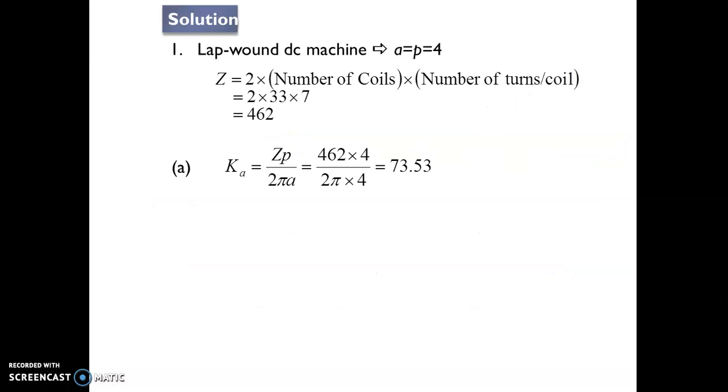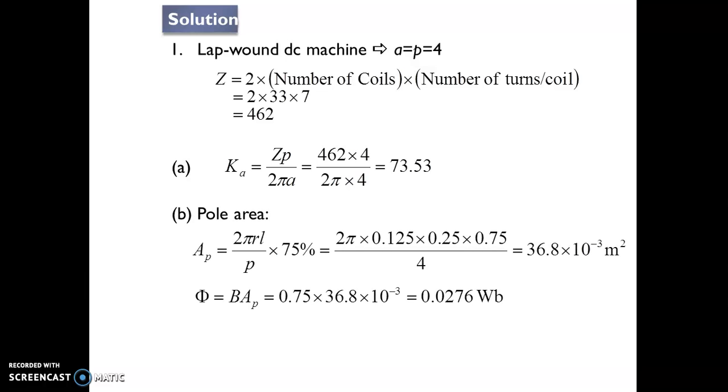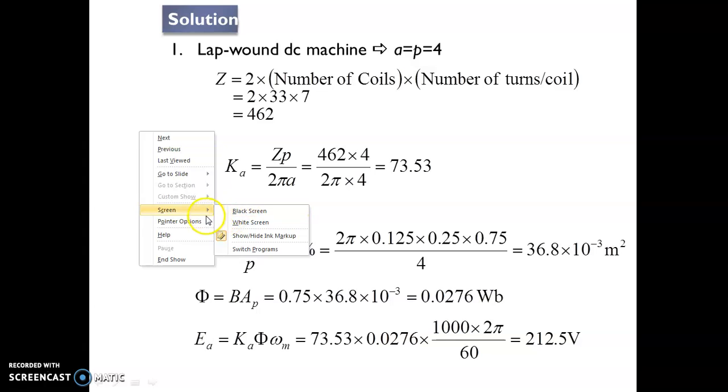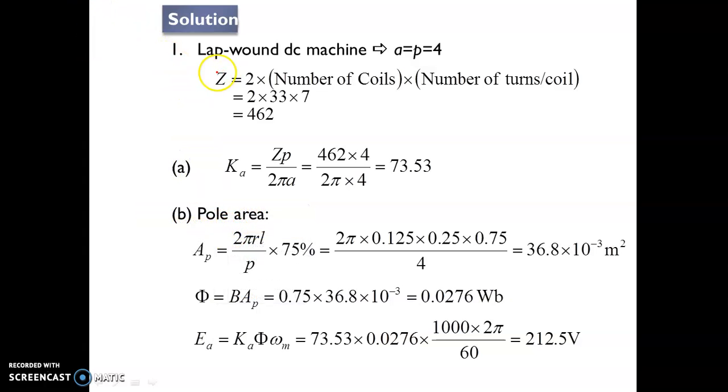This problem is quite simple. It is not difficult. Whatever we have studied previously, it is the same as this. So first you find Z, as every time we are finding: 2 multiplied by the number of coils multiplied by the number of turns per coil.